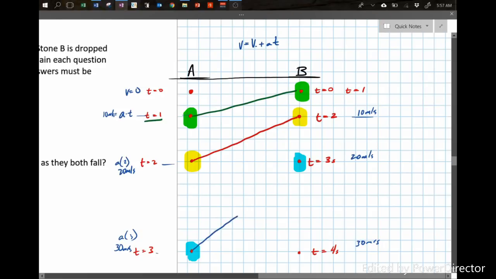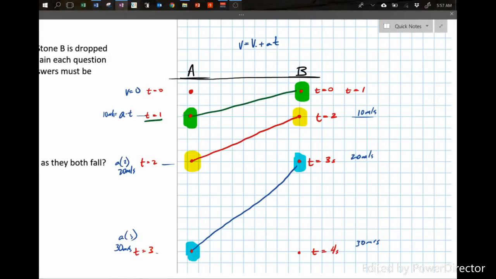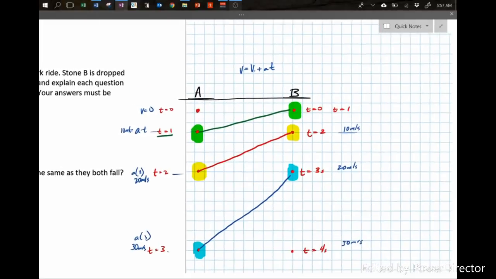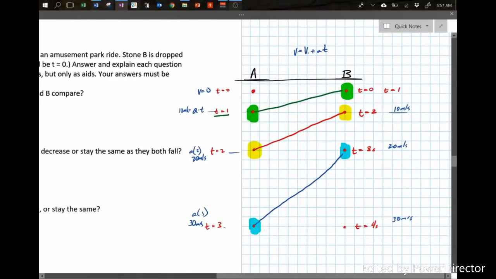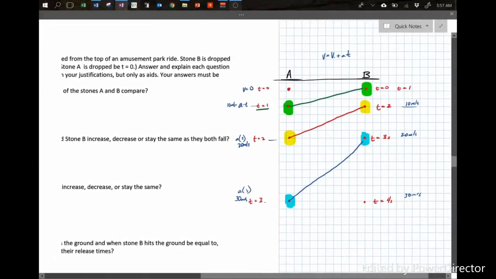After 3 seconds, ball A has fallen this far because it's been falling for 3 seconds and has a speed of 30. Ball B has only fallen for 2 seconds because he's a second behind and has a speed of 20 meters per second. So that little picture is helpful. Let's go answer some of these questions and see if it helps.